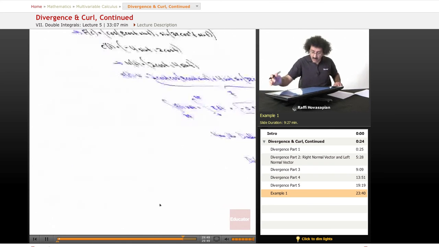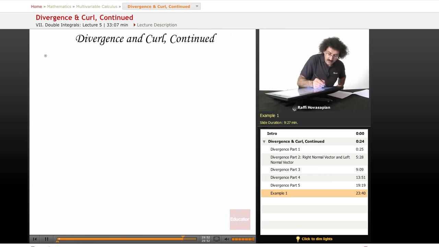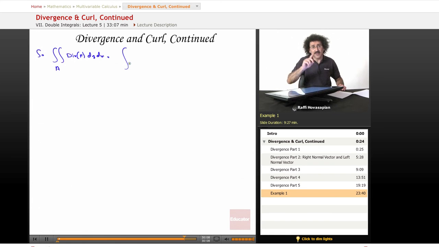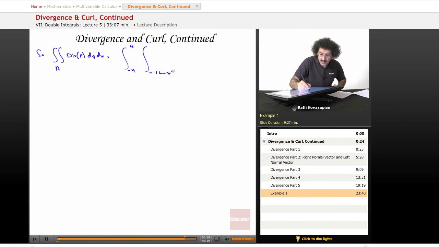Okay, so now let's go ahead and put it in. The double integral over A of the divergence of f dy dx. Now our x is going from -4 to +4. Our y is moving from minus the radical of 16 minus x squared divided by 2, all the way up to the radical of 16 minus x squared over 2, the positive.